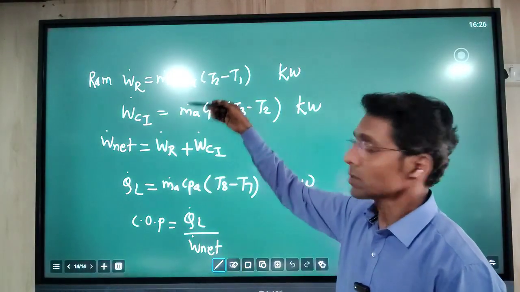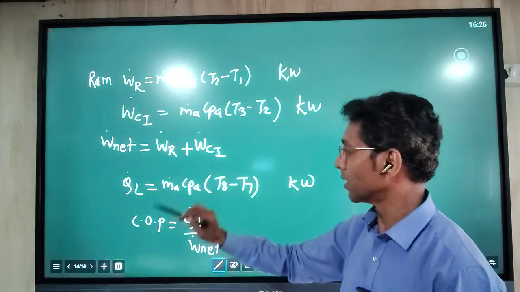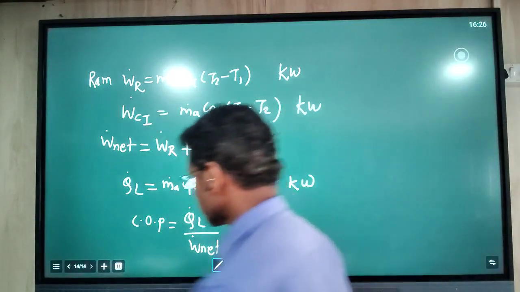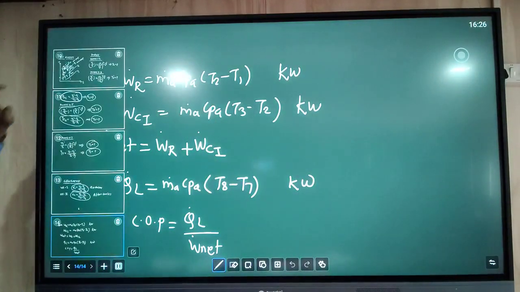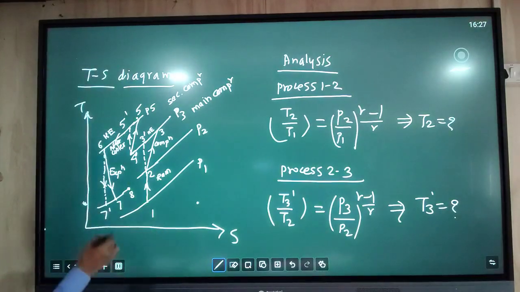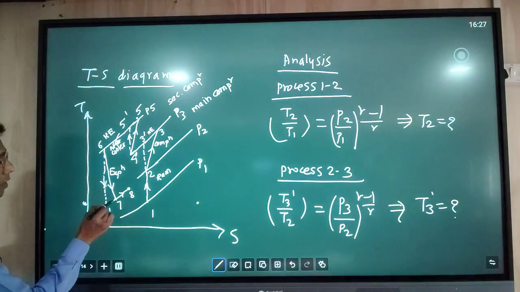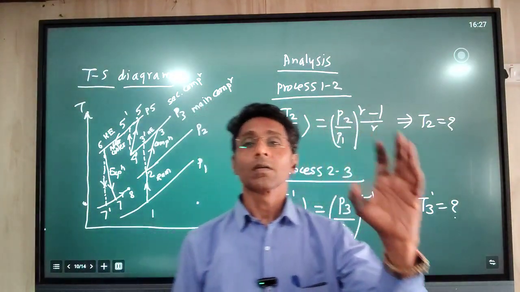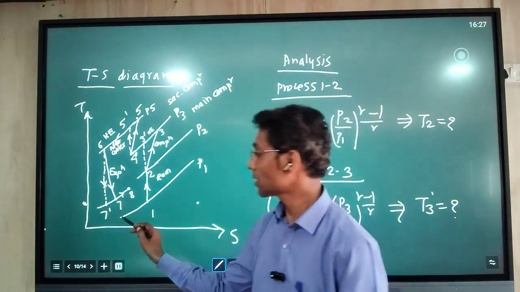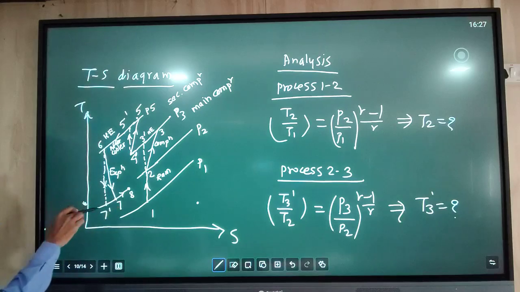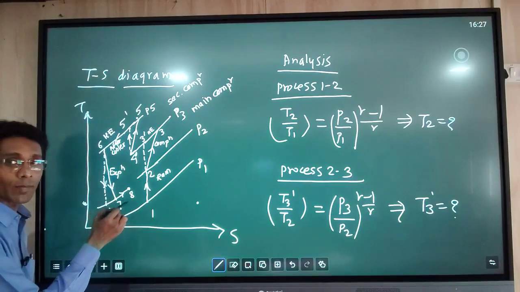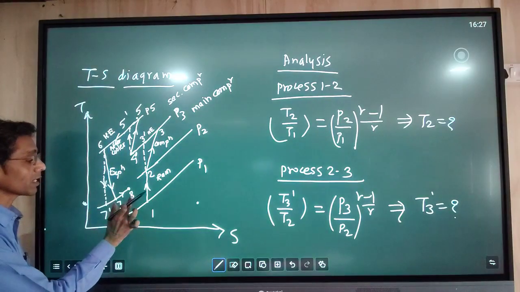Net work is what? The summation of these two, that is WR plus WC1. Now the cooling capacity, or cooling load, of the system: from the diagram, at the exit of the turbine, the air which is cooled is passed to the cabin. During the journey, the heat of the cabin is absorbed by the air. So the load added to the air from the cabin is m Cp delta T, mass of air times specific heat times the temperature difference between 8 and 7.